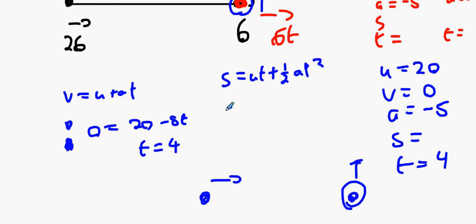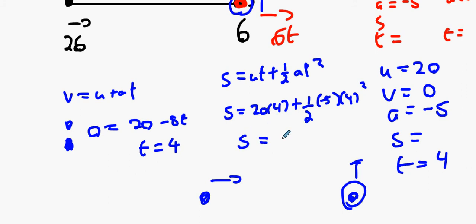And then s equals 20 times 4, plus a half, minus 5, times 4 squared. We gained 40 meters last time, didn't we? Guess what that answer is? 40.